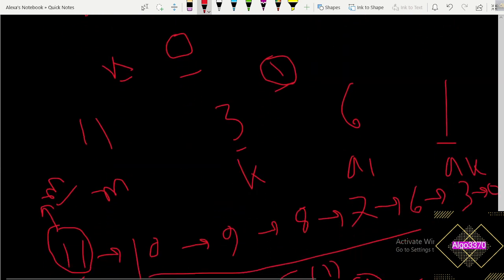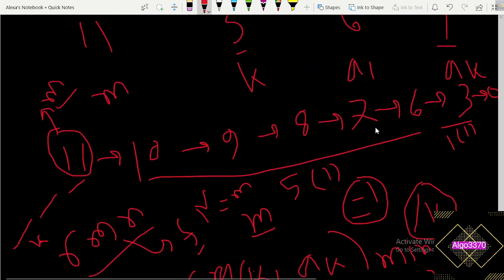How many 1 coins will we use here? Total 5 coins of type 1 we will use here. But how many coins do we have? 6 coins. How many remaining 1 coins do we have?